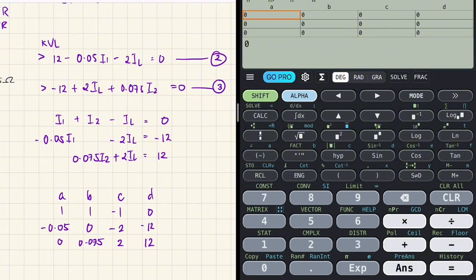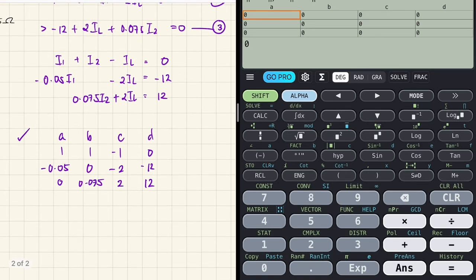So these are now all the values that we're going to enter on the calculator. Once you hit the equal sign, it will give you all of the answers for each of these unknown variables. The first one that will appear would be the I1, next is I2, and lastly would be IL, which we're looking for from the problem.